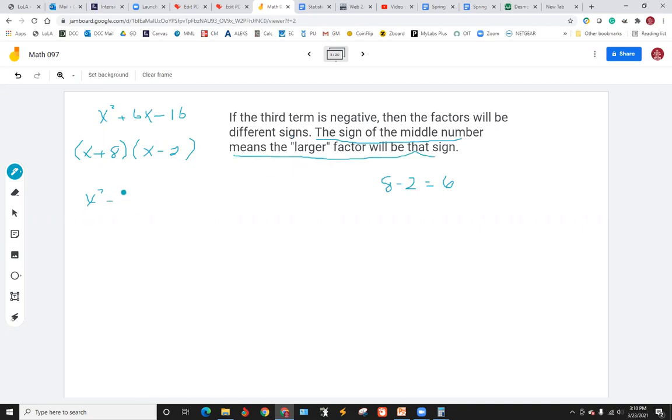Let's just say this was negative there now. It's still under the larger case that we've determined here. But the sign in the middle is negative, so that means now that the middle term determines that, so the 8 will be over here. So that pretty much sums it up.